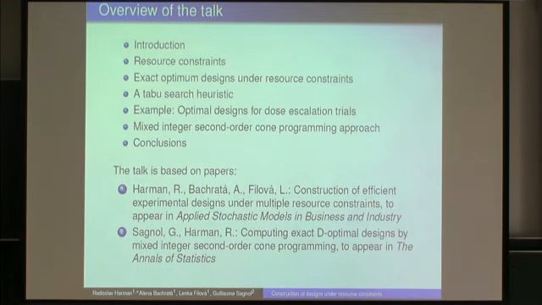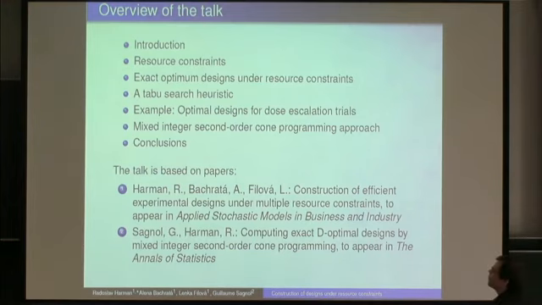Okay, so after a brief introduction of the basic terminology, I'll talk about the most important notion of this talk, its resource constraints. Then I'll talk about what we mean by exact optimum designs under these resource constraints. So I'll focus on exact optimal designs, not the approximate ones as before. And then I'll talk a little bit about a tabu search heuristic that we engineered to solve the associated problems.